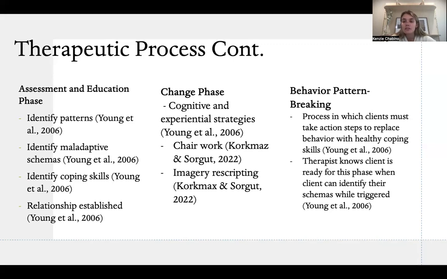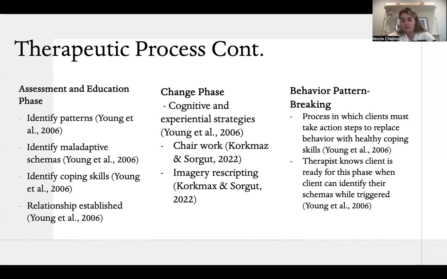That is when a client is ready to go out into the world and start recognizing when they're triggered and using some coping skills to get out of that schema mode that they've been able to identify. So it takes a long time, a lot of work, a lot of commitment from the client. So that's usually the longest phase.